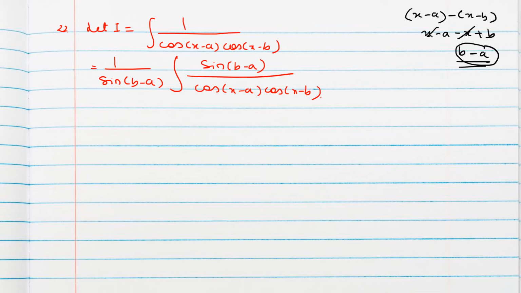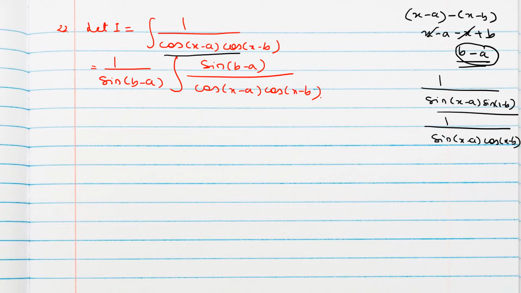Now in this type of question, one type I told you will come sine of x minus a, sine of x minus b. And one type will come in which sine will be there and cos will be there. Okay. So in these two types, where both are cos or both are sine, you should multiply with sine of b minus a and divide with the same trigonometry, that is sine b minus a. Okay.